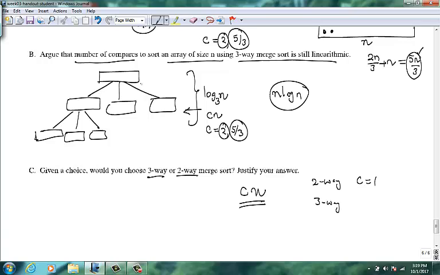In a three-way merge sort, the C would be either 2 or 5 over 3, depending on which algorithm you choose. And so if you have a choice, you would still go with the two-way merge sort. So two-way merge sort is perhaps a better merge sort, although they both have the same order of growth. From a runtime perspective, having a smaller C is a better idea.